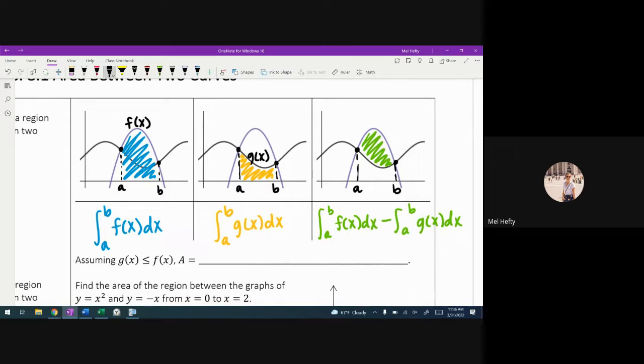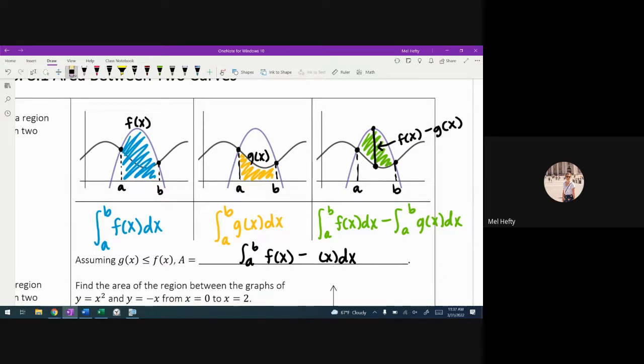A simpler way to write that, though, because we have the difference of two integrals, is just to integrate the difference of the two functions, meaning I could shove these in one integral together. So f of x minus g of x. Now, what that f of x minus g of x, this integrand, actually represents is like the vertical distance between these two curves. So a little bit of a different kind of contextual interpretation, but really the same thing.